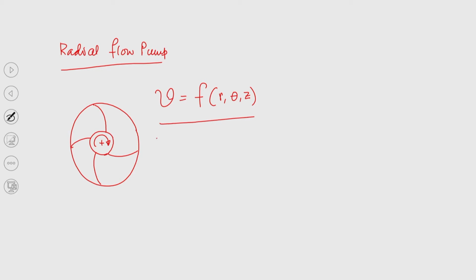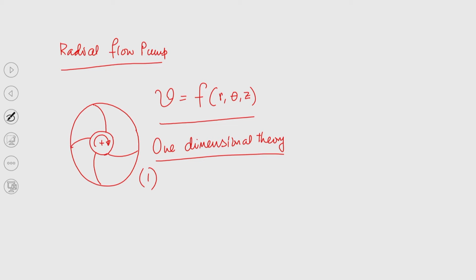So, we will be discussing today the one dimensional theory. Right. So, the first one is that, what we assume is that the velocity is a function of three positional coordinates r, theta, z.